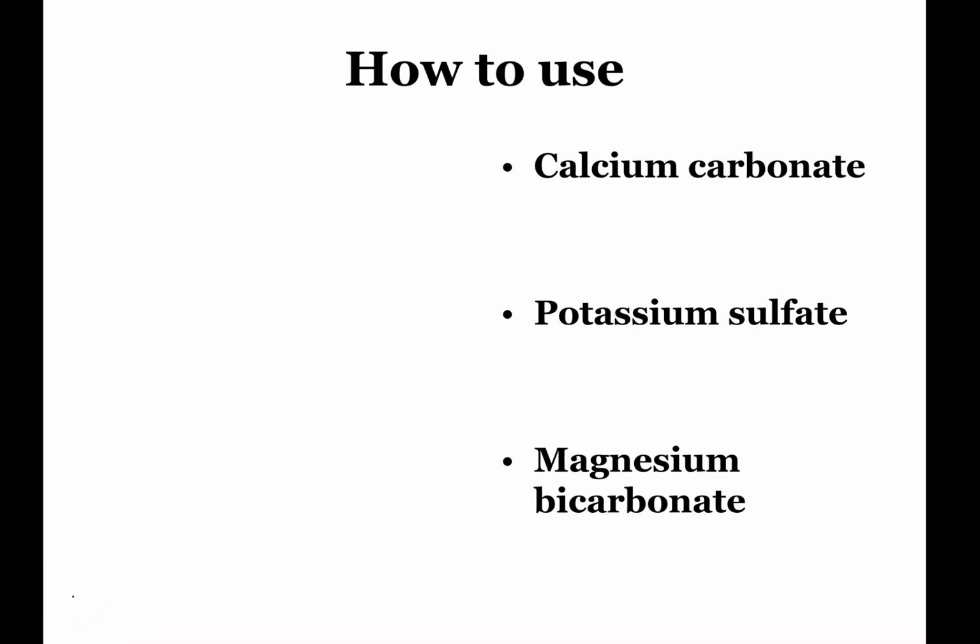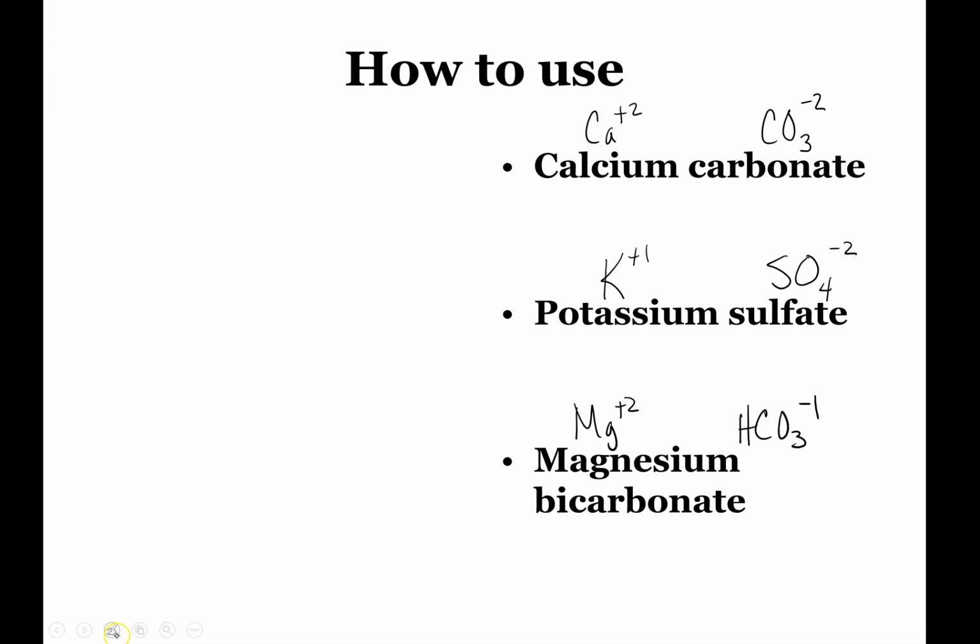So same thing. Write your ions with the charges. Big C, big O, subscript 3. Bicarbonate. So a +2 and a -2 equals 0.